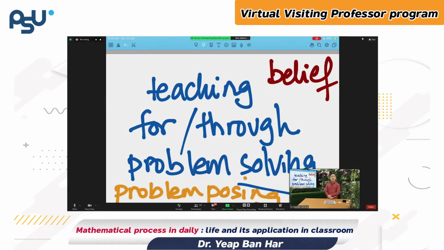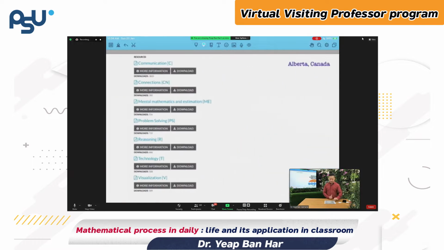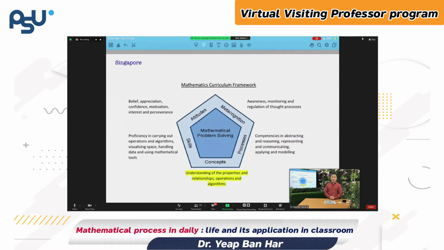So in a Singapore curriculum, we did not say problem solving is a process. We say problem solving is the main thing. That is why it is in the middle of the framework. If we don't do problem solving, then we are not doing mathematics. And we use mathematical processes to do problem solving.